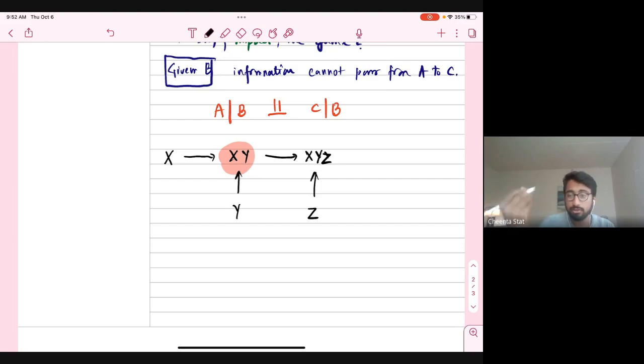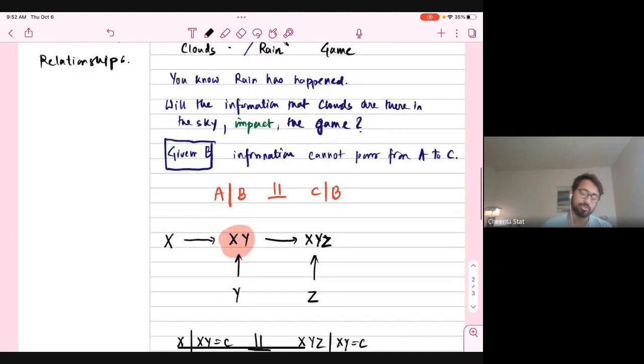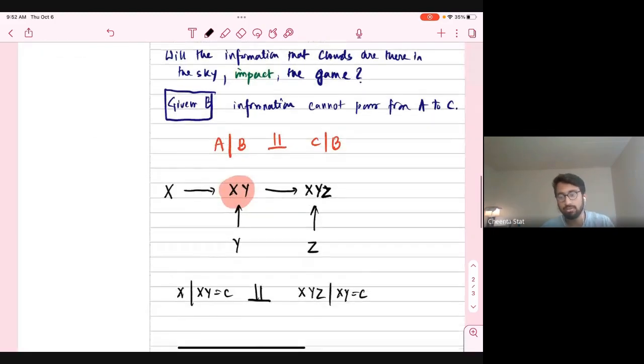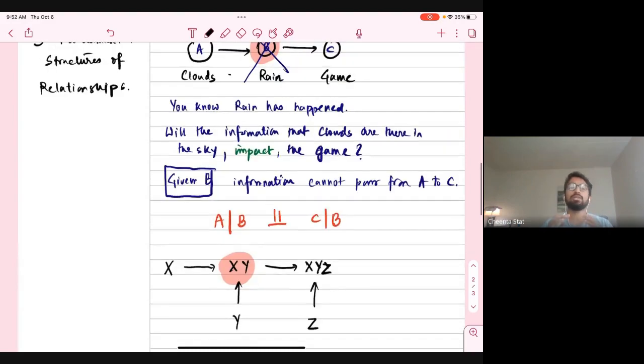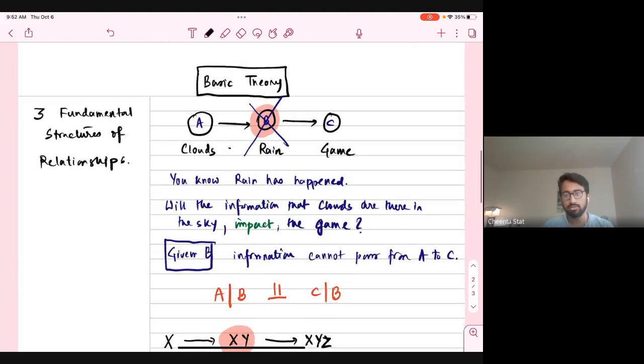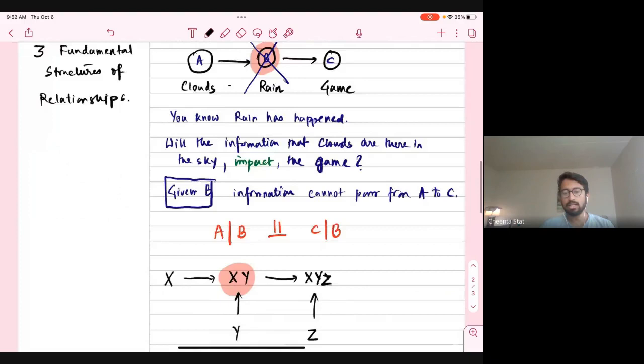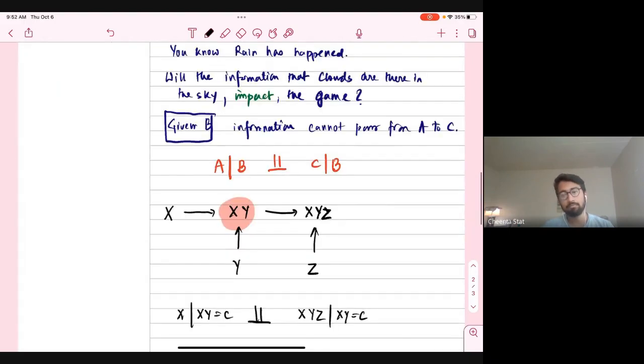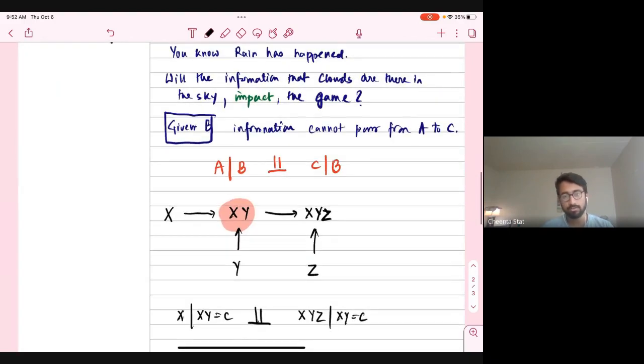So now it's the same structure. It's independent of. It's beautiful, right? Same structure. So we can mathematically prove it, but I'm just telling you an intuitive way of understanding why it's true and how graphical models can really help. Okay?